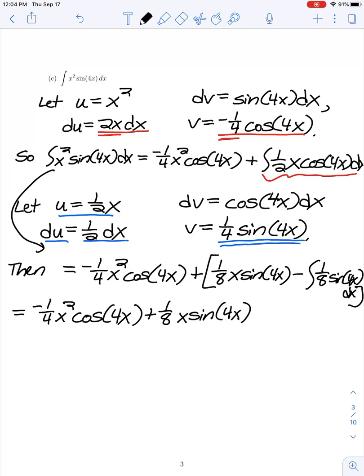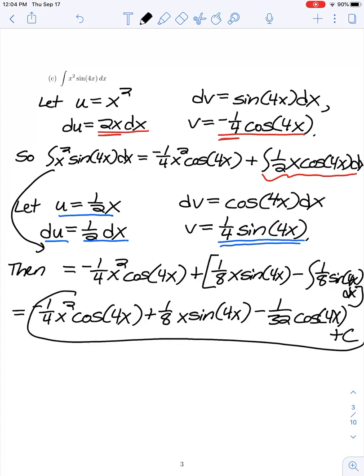And then we were subtracting 1/8 the integral of sine 4x, which would give us a negative 1/32 cosine of 4x. And at this stage, once I've evaluated all of my integrals, I can include the constant plus c. So this would be the antiderivative of that function.